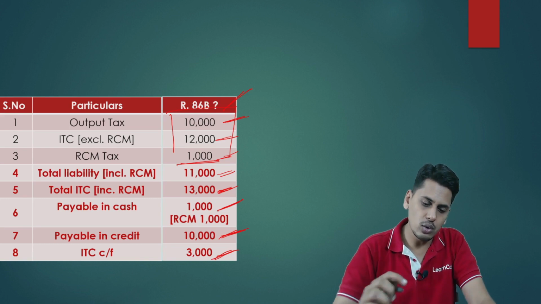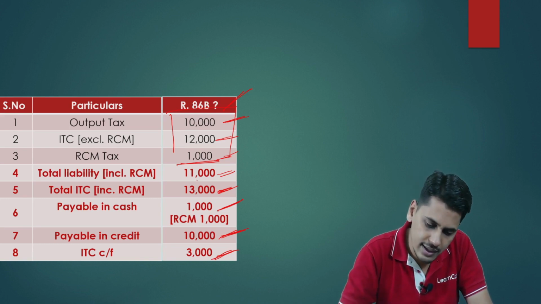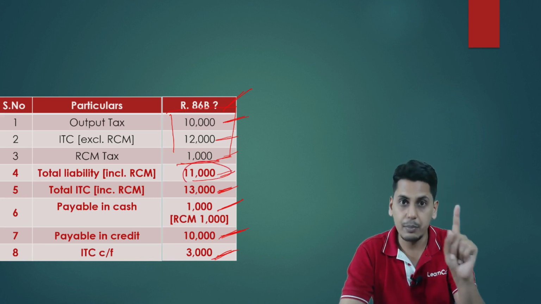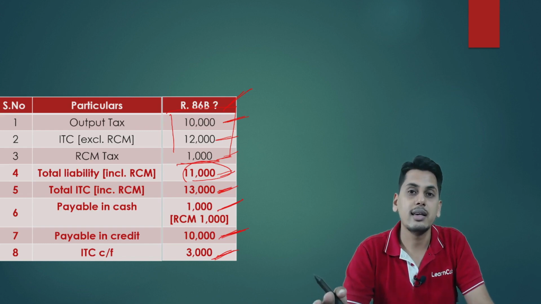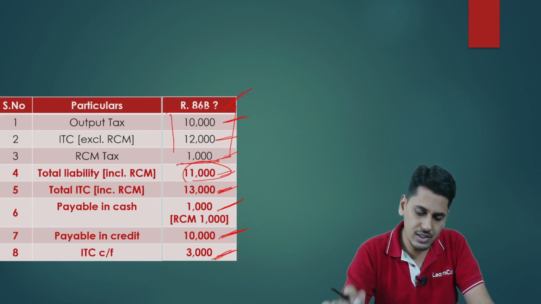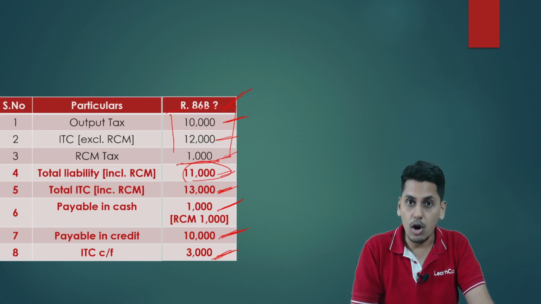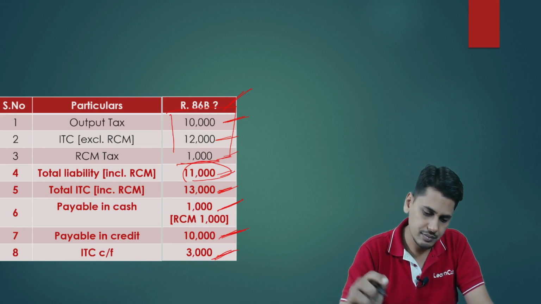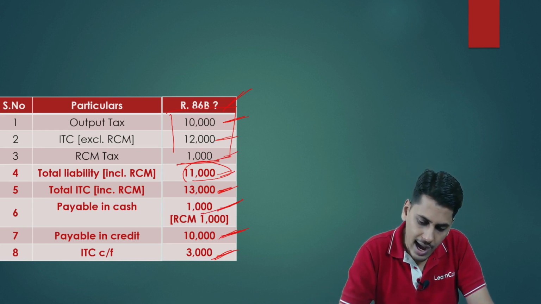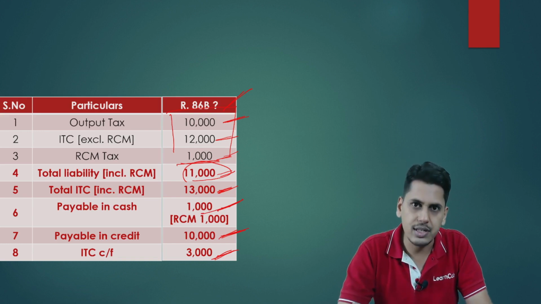Friends, what is the total liability? Total liability is 11,000. I repeat, total liability is 11,000. How much have I paid through cash ledger? I have paid 1,000 through cash ledger.